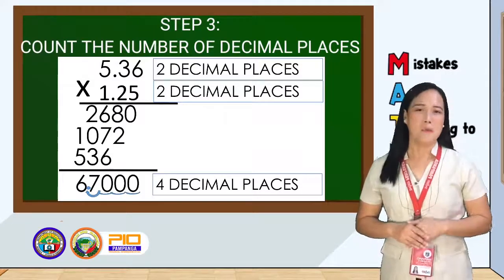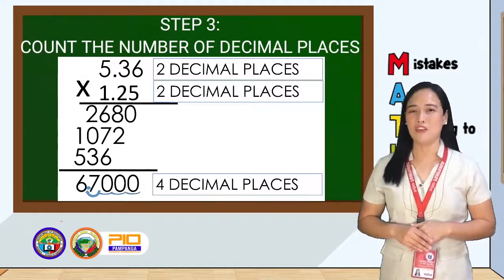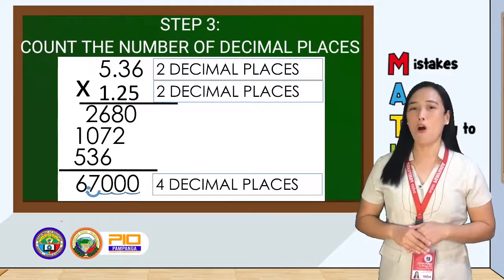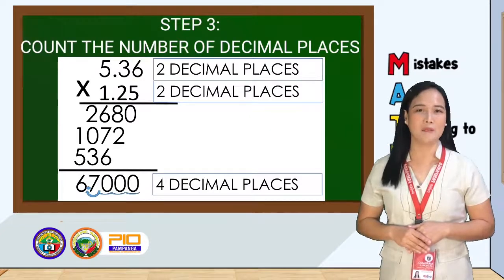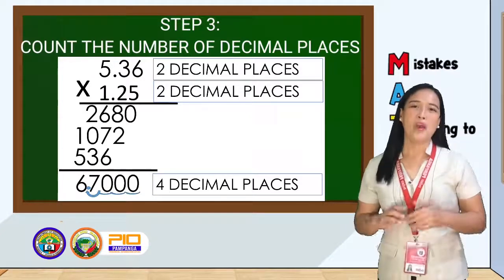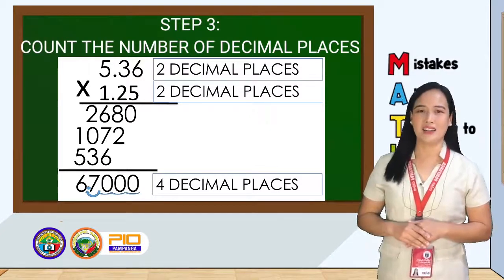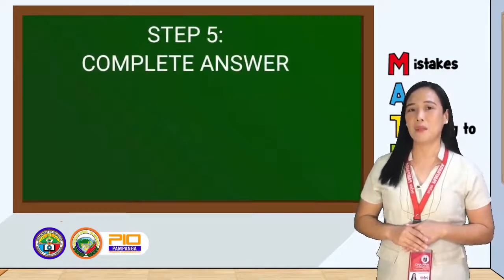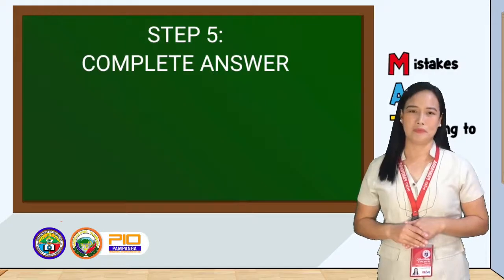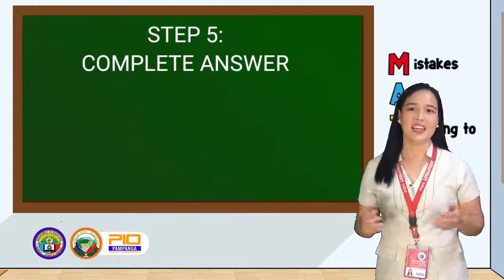Remember, the number of decimal places in the factors should be equal or the same to the number of decimal places in the product. Now kids, we have already our answer. So we can have now our step 5 for the complete answer. So what is it?